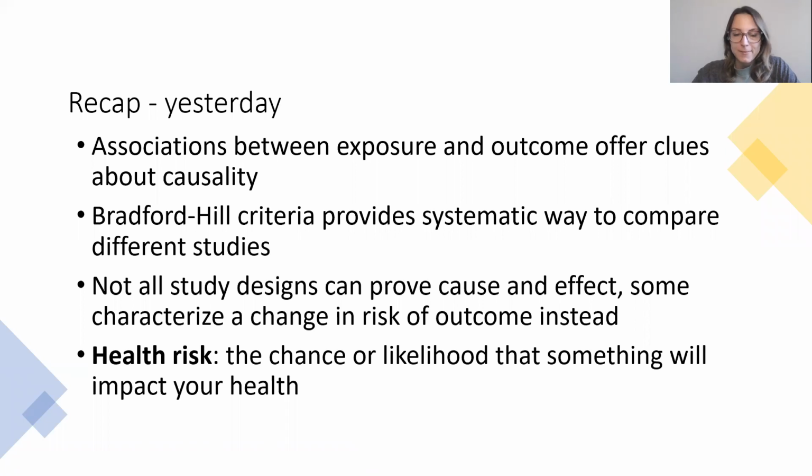Now, we also talked about how not all study designs can actually prove cause and effect. They can't all prove causality. Does anyone want to remind us what are the three criteria that we need in order to suggest a causal relationship? There were three things that we look for.